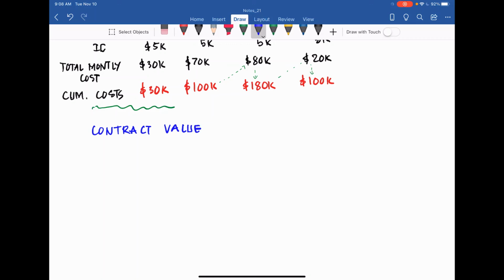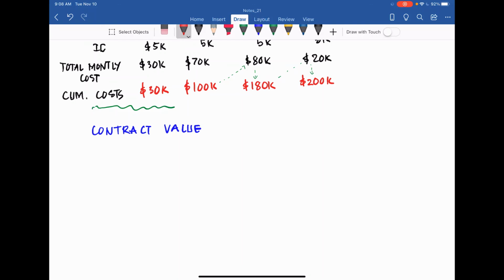The cost is cumulative, 180 plus 20, so 200,000, not 100,000.